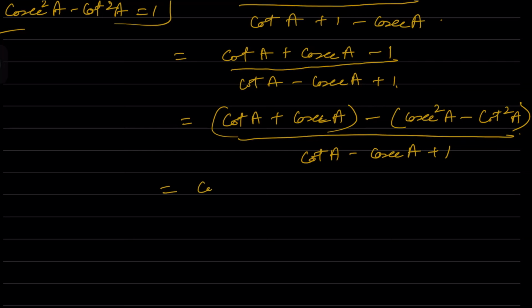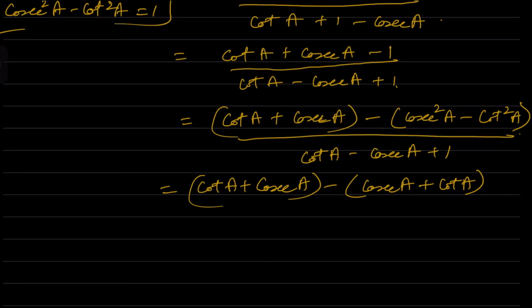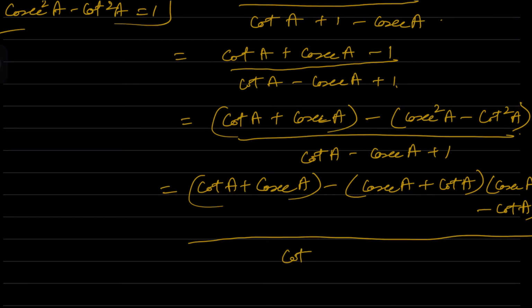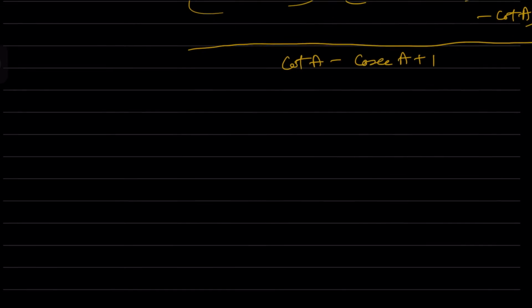So this can be written as cot A plus cosecant A minus of (cosecant A plus cot A) into (cosecant A minus cot A), divided by cot A minus cosecant A plus 1.